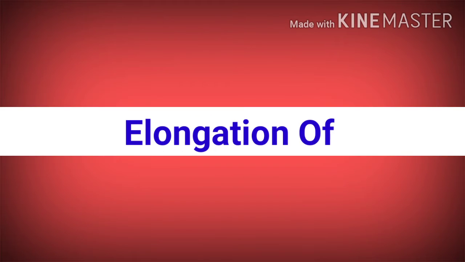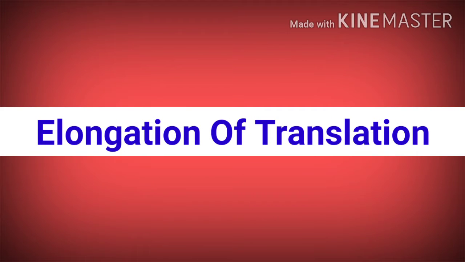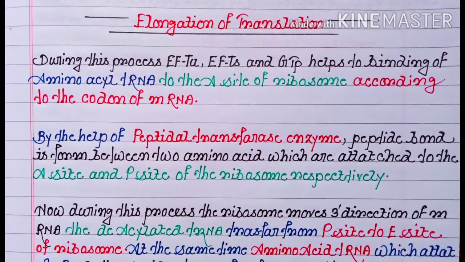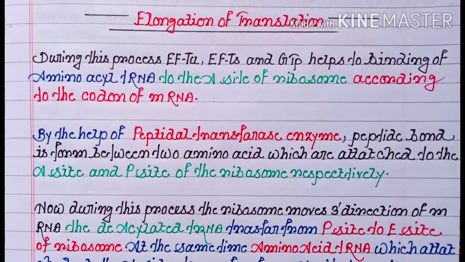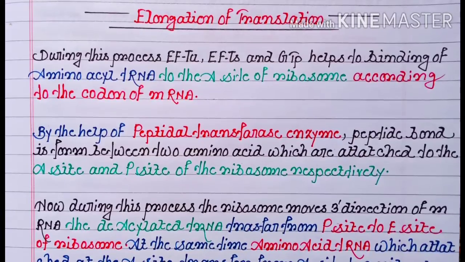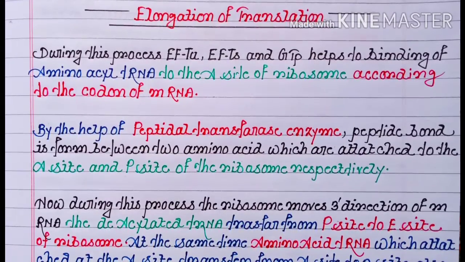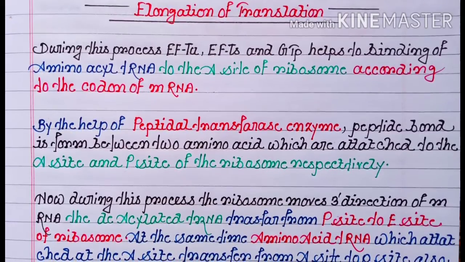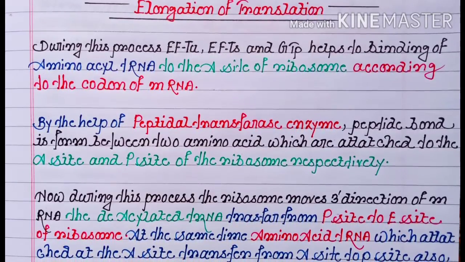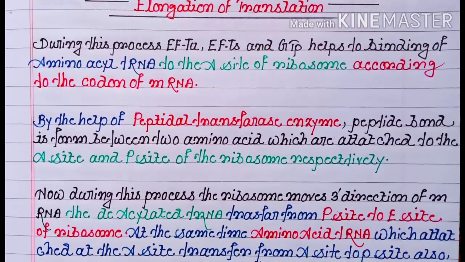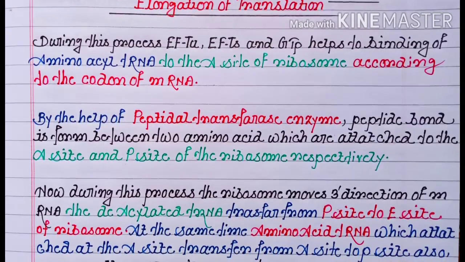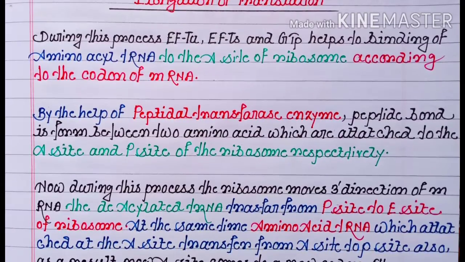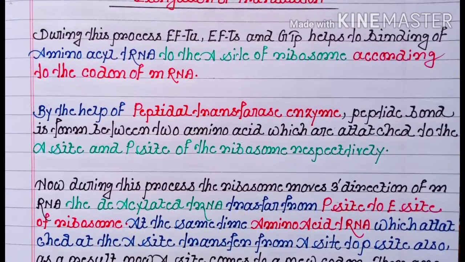Next, the elongation of translation. During this elongation process, the elongation factors EF-Tu and EF-Ts and GTP help in the binding of aminoacyl tRNA to the A site of the ribosome according to the codon of mRNA.